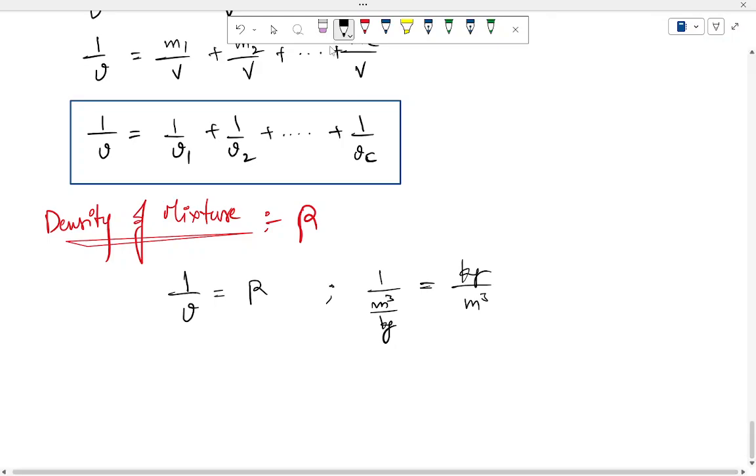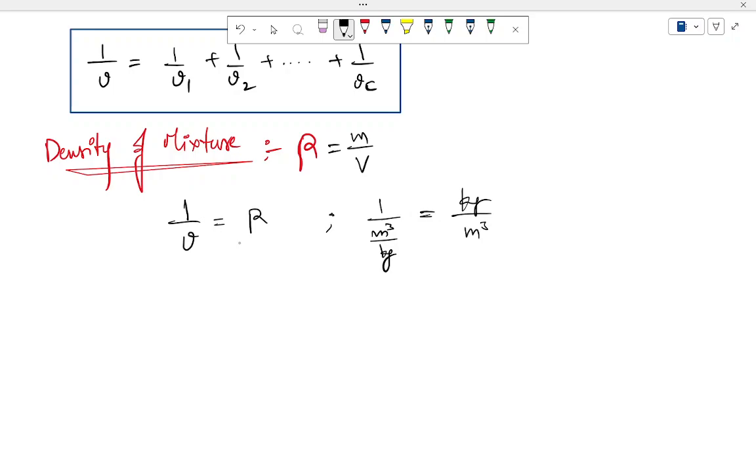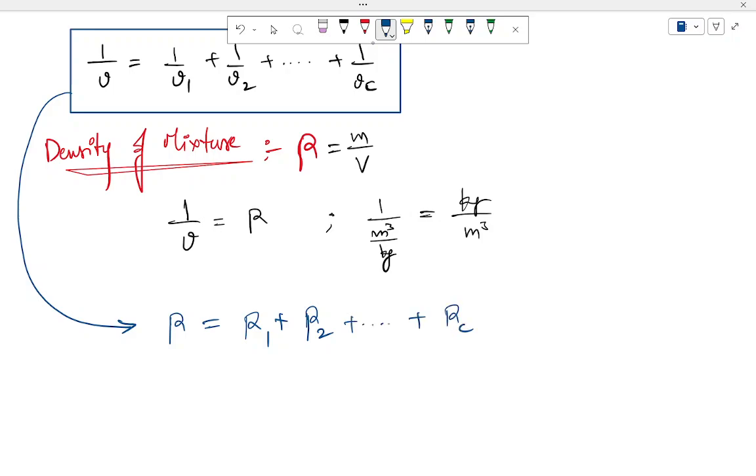So 1 by v is equal to rho, because 1 by v is nothing but mass by volume. So density is nothing but the mass by volume, and it makes sense there. So based on the expression that I obtained here, I can write that the overall rho will be equal to rho 1 plus rho 2 plus so on plus rho c.